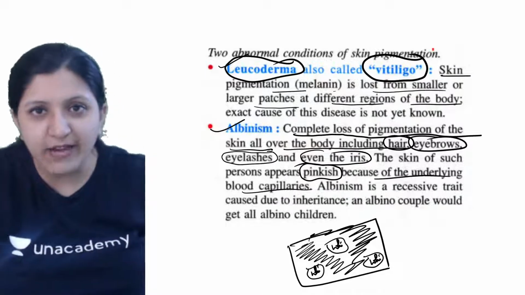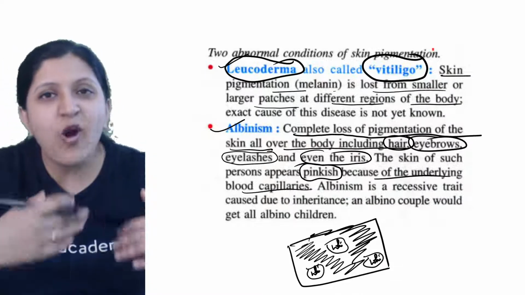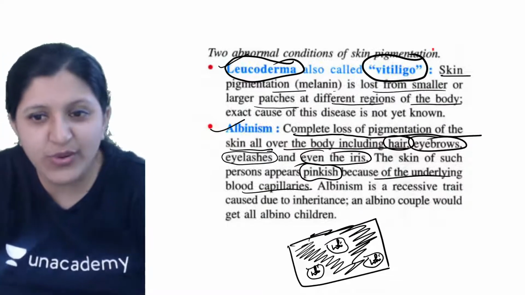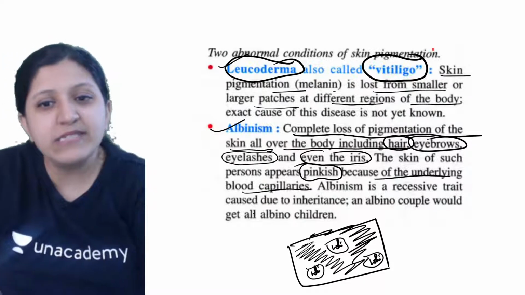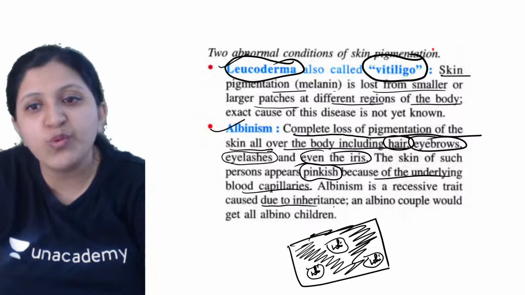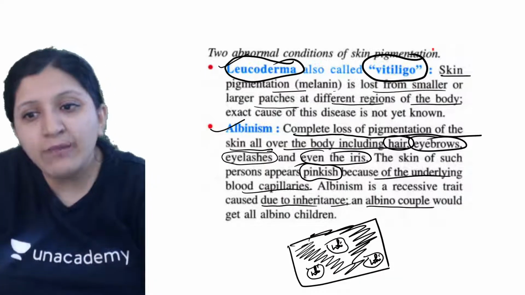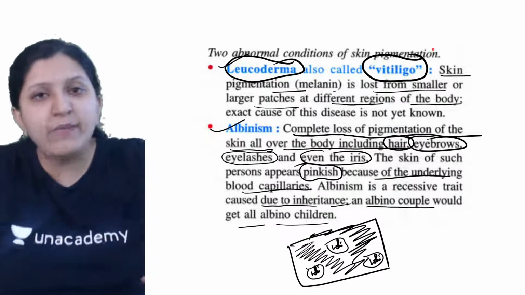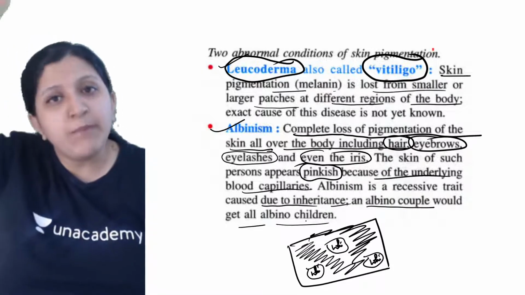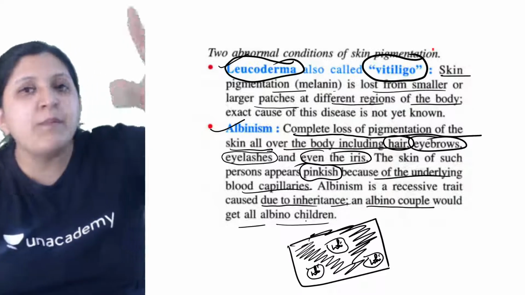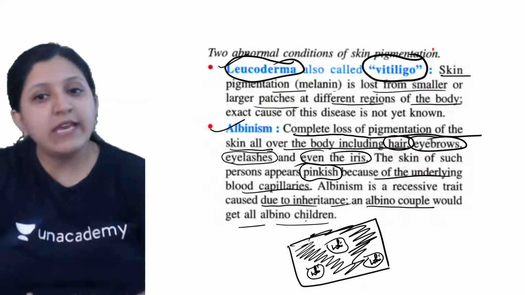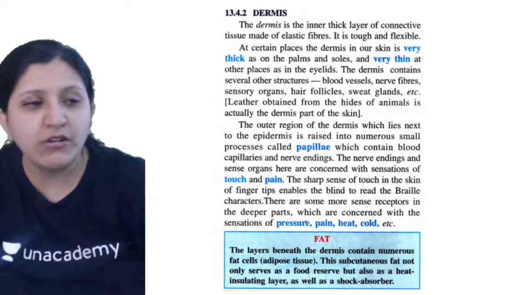Albinism is a recessive trait caused due to inheritance. So an albino couple would get all albino children. If a completely albino male and a completely albino female get married, they can give rise to albino children itself.